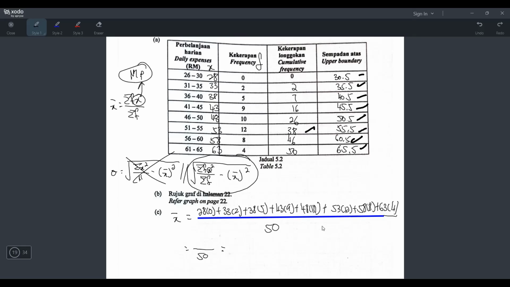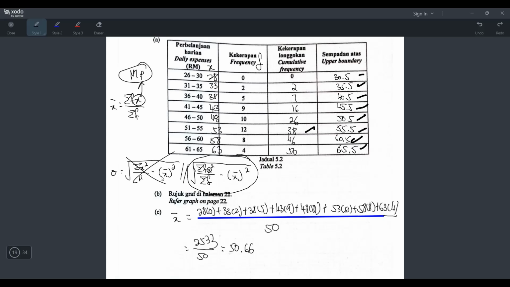Okay, my calculator give me 2533. And then I divide 50. So 50.66. So the answer here is 50.66, but not the final answer. This is the mean. I want to double check because I takut I tekan salah. So let me press again.